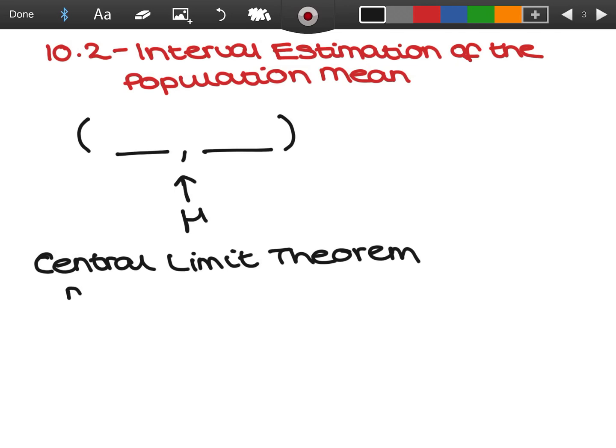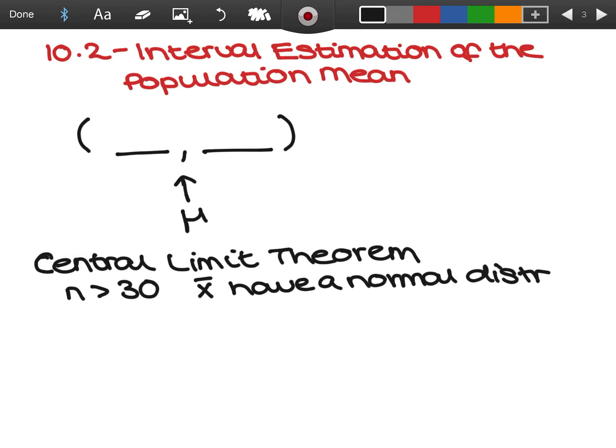They have a mean equal to the population mean, because the mean of the sample means is the population mean, and our standard deviation is the standard deviation of the data points divided by the square root of the sample size. So again, I am looking at the distribution of the sample means.